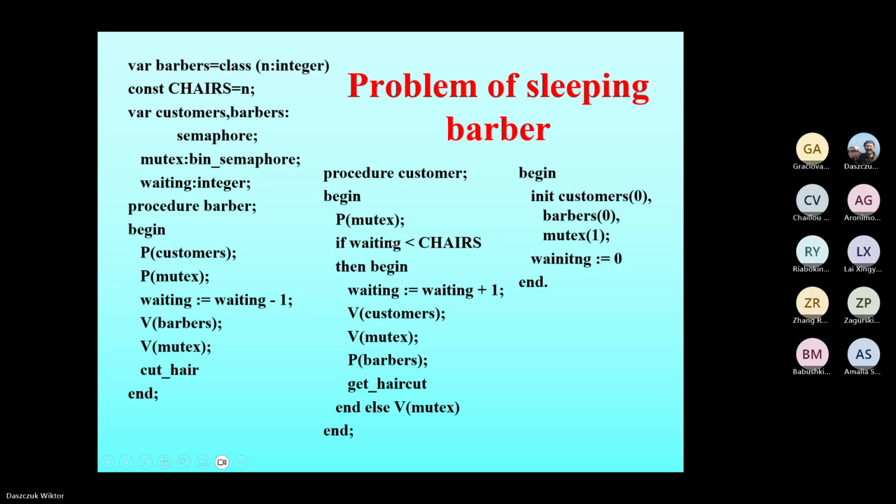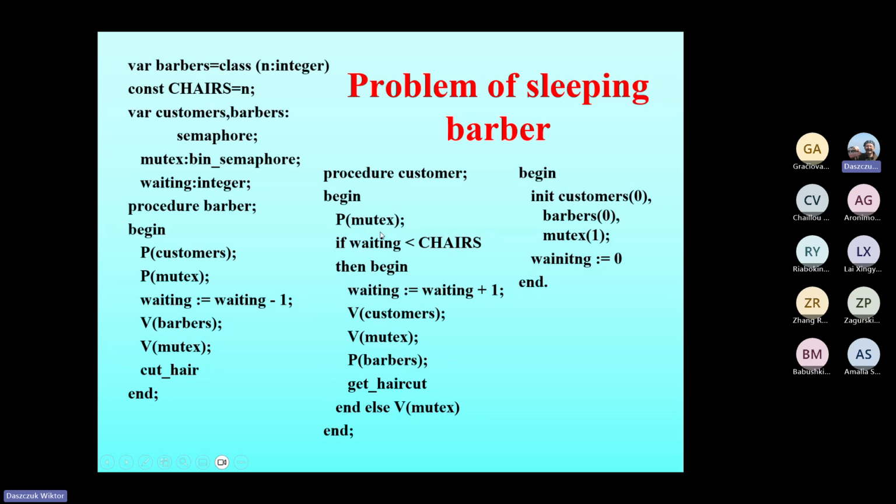The maximum is the number of waiting equals chairs. So if it is greater or equal to chairs, we skip over the entire operation and execute V of mutex.